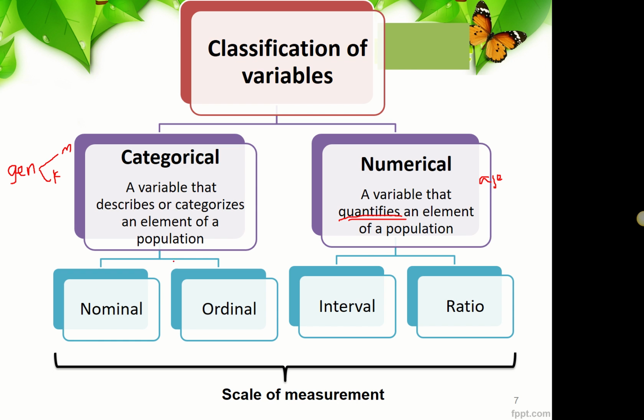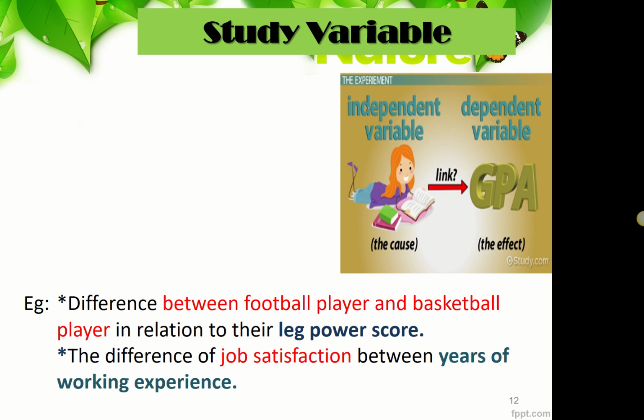And then for categorical, there are nominal and ordinal, and for numerical, there are interval and ratio. This is the scale of measurement, the level of measurement. But I'm not going in depth into this. The most important thing that you need to understand regarding variables is the study variable, right? Study variables relate to your research.